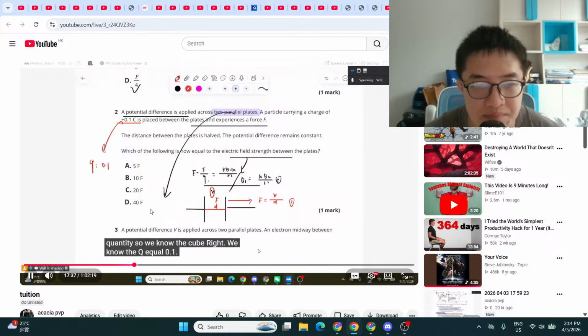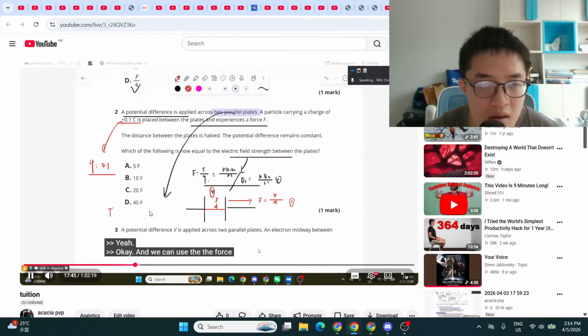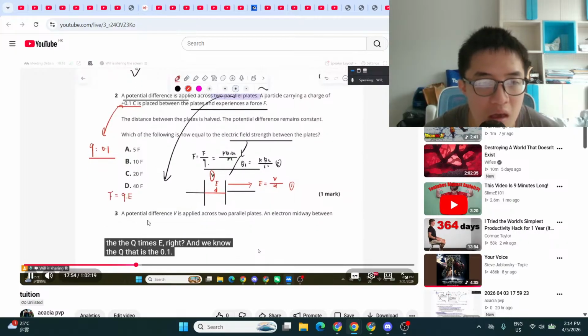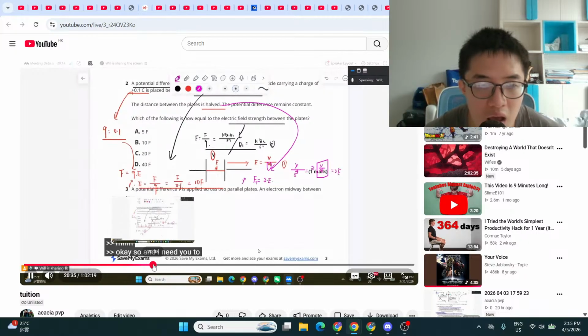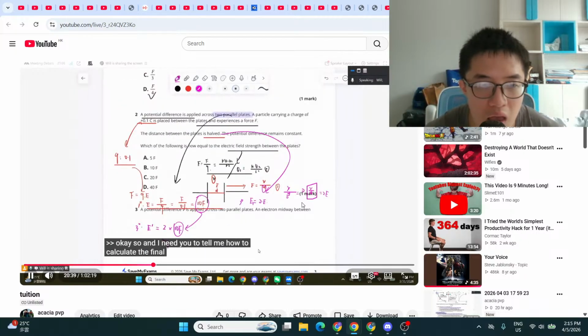We know Q equals 0.1, right? And we can use force equals Q times E, right? And we know the Q is 0.1. So the electric field strength becomes double the original one, right? The new electric field strength. And tell me how to calculate the final result.